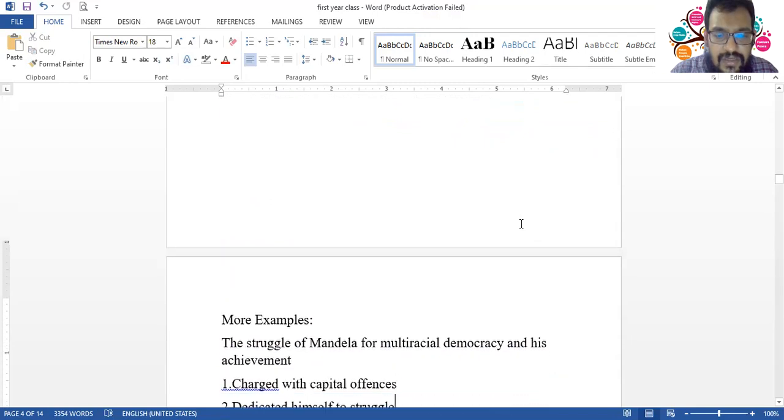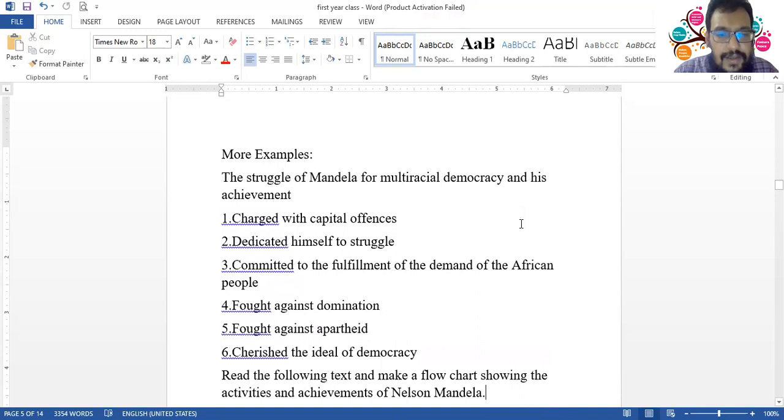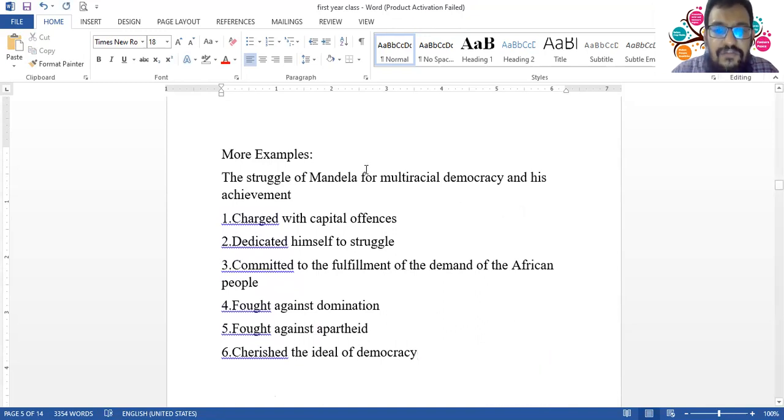I'll just look at some more examples. If we are told to write about the struggle of Mandela for multiracial democracy and his achievement, that means we have to mention the struggle of Mandela and his achievement.